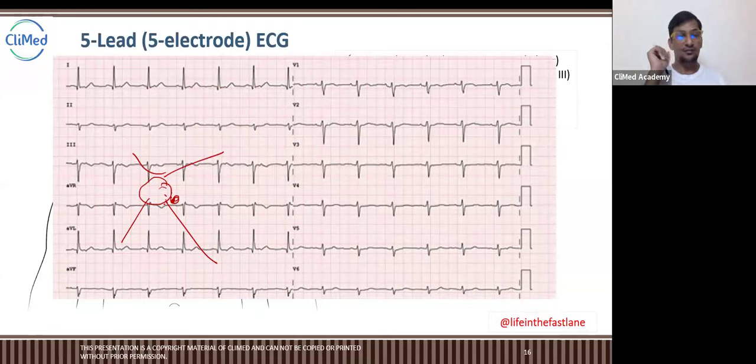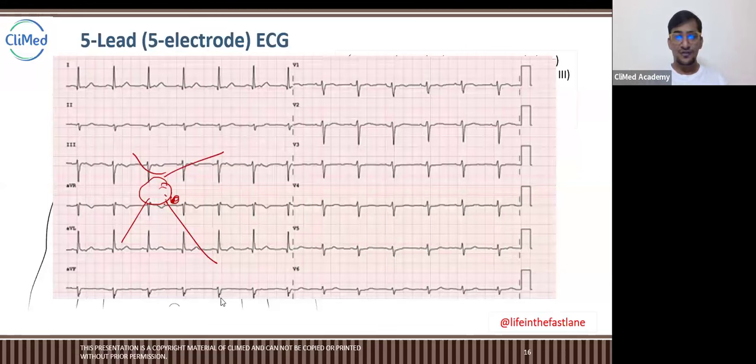It depends on where you are using it. If you are using pocket ECGs in the community, it will show the complete 12 leads. If it is in ICU or other settings, it will show only 5 leads. Sometimes 1, 2, 3, AVR, AVL, sometimes 1, 2, 3, V1, V2. So it depends completely on what you want to see, but it is only 5 leads.